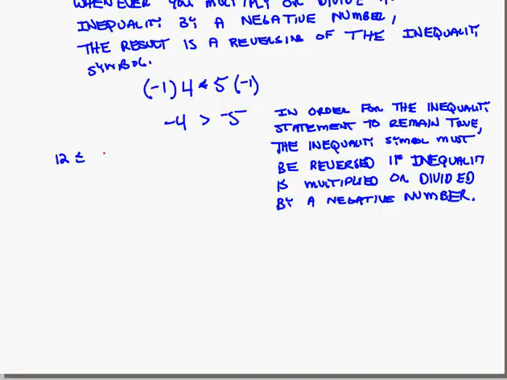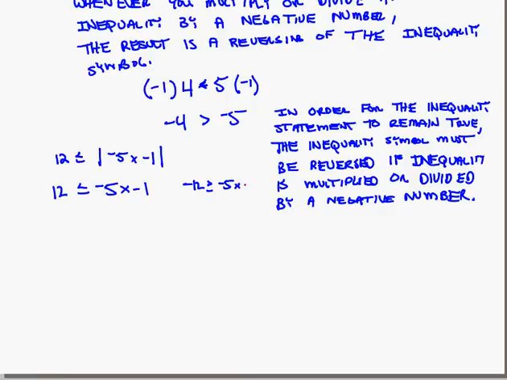So this is going to create two statements. I'm going to have 12 is less than or equal to negative 5x minus 1. I'm also going to have negative 12 is greater than or equal to negative 5x minus 1. Okay, so I have two inequality statements that are derived from this one with an absolute value.